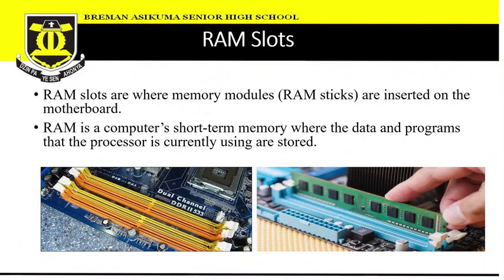We also have the RAM slots. The RAM slots are where memory modules are inserted on the motherboard. RAM is a computer's short-term memory where data and programs that the processor is currently using are stored. So this is what we call the RAM slots, and this is the RAM that fits into those slots.